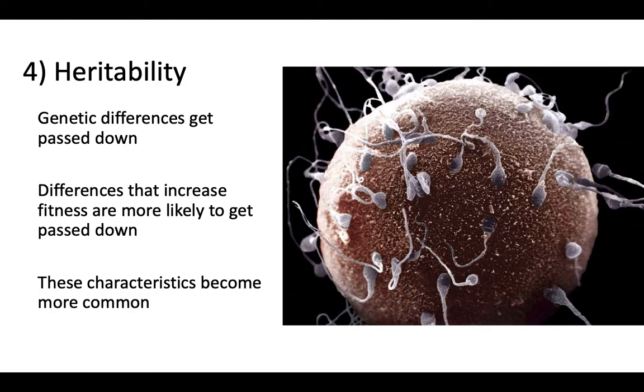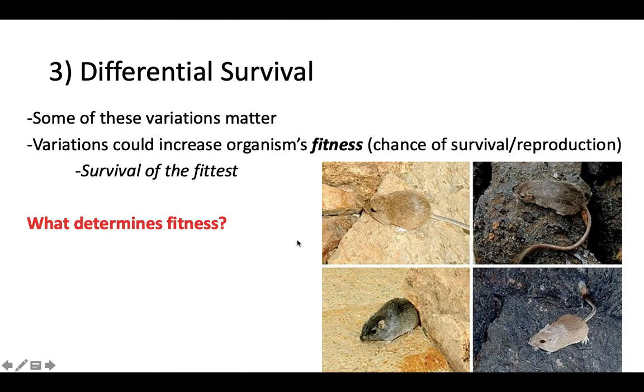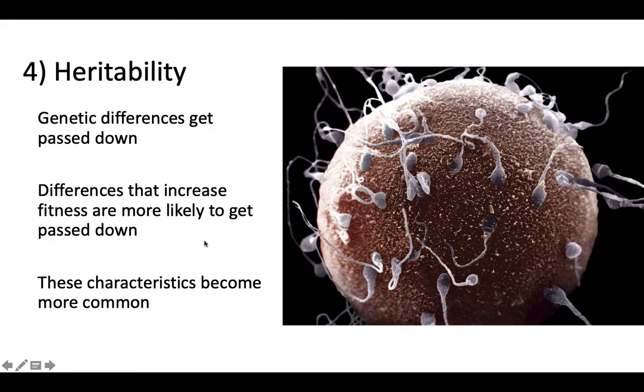The big finale moment is having sex and passing your genes off to the next generation. Because it's not just about who survives; it's also about who survives and then passes their DNA down to their offspring. Right? Genetic differences are heritable; they are passed down, sperm and egg. Right? And the differences that increase your fitness, whether it's survival or reproduction, are more likely to get passed down. So these characteristics become more common in a population over time.